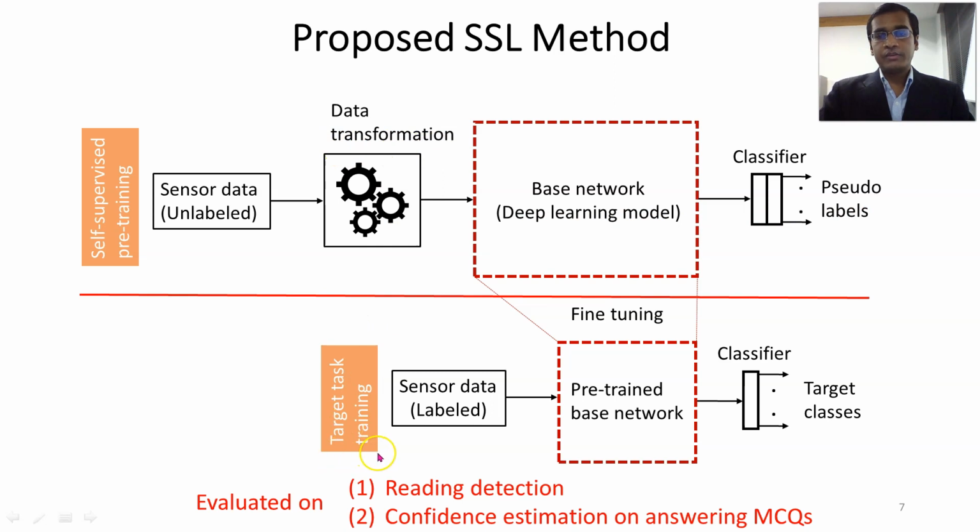In target task training, we fine-tune the pre-trained base network, employing a small-sized labeled sensor data by identifying target classes. We evaluated the proposed method on reading detection and confidence estimation on answering multiple choice questions.